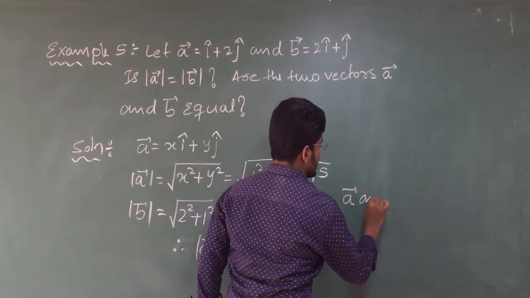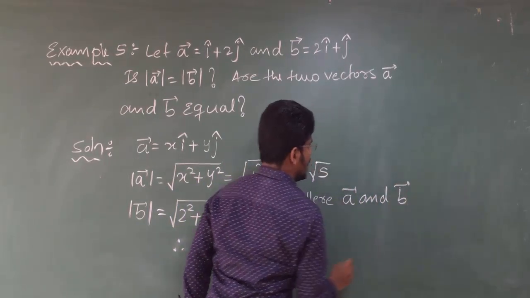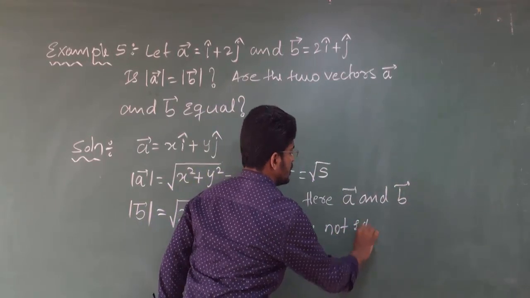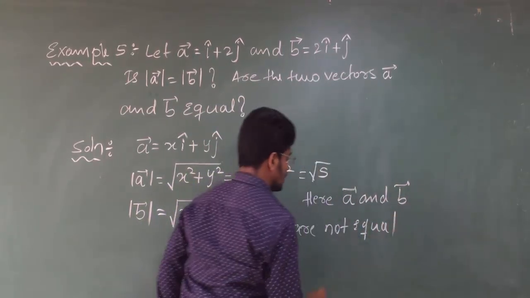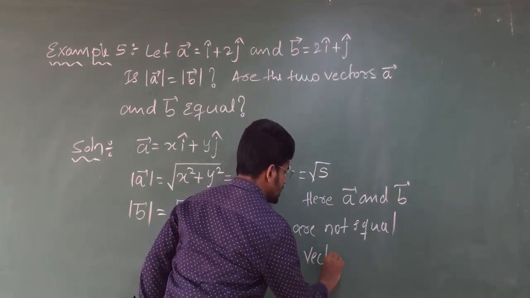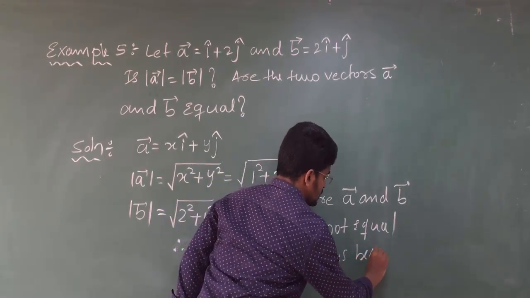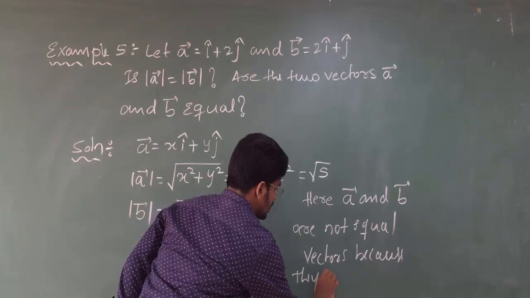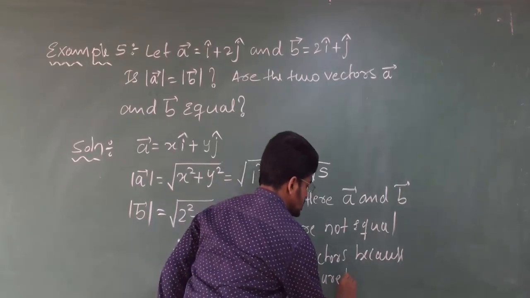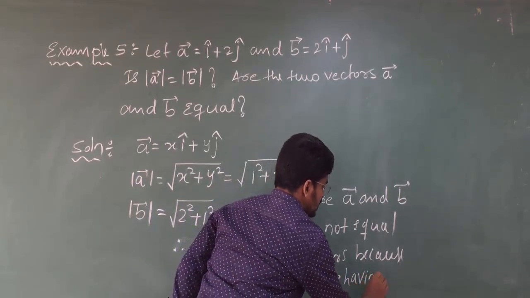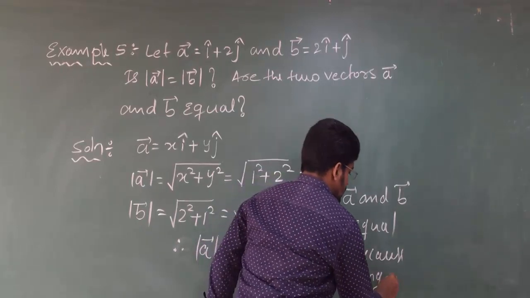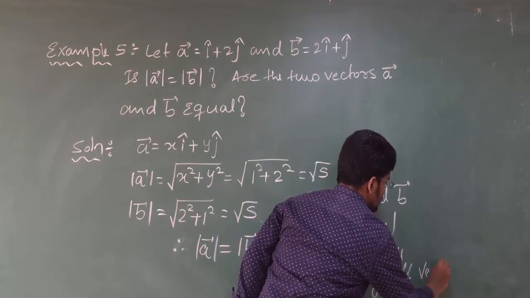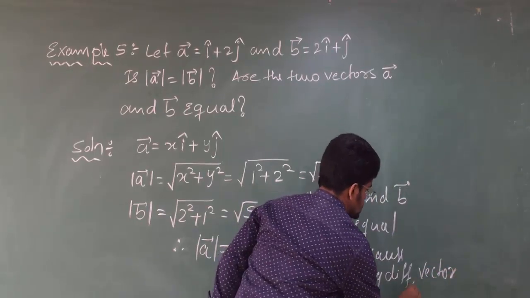So for that reason, vector a and vector b are not equal vectors, because they are having different vector components.